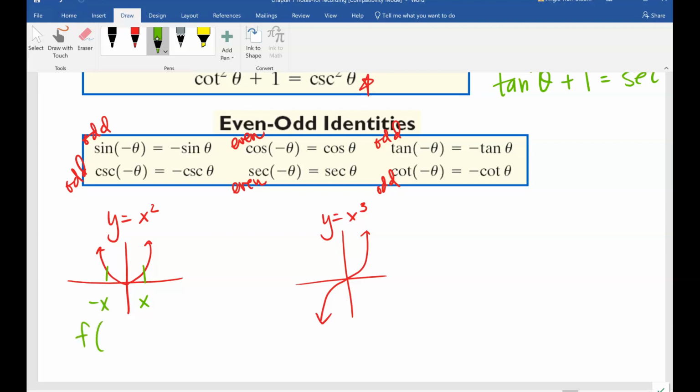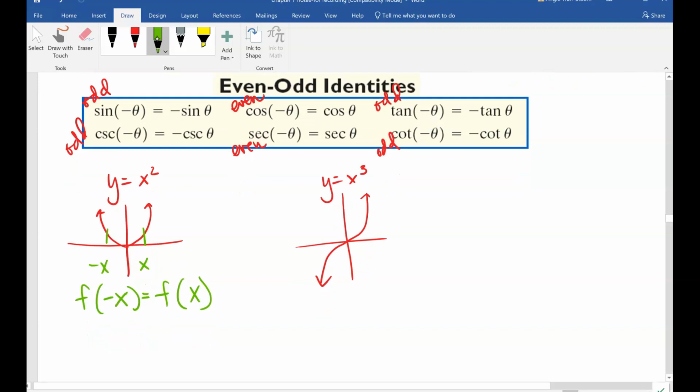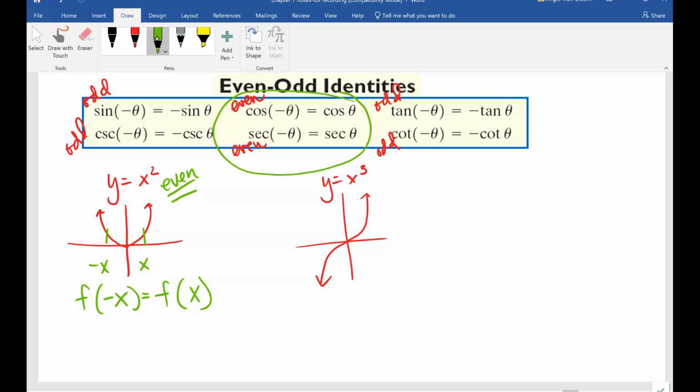So algebraically, we say, okay, f of negative x must be identical to f of positive x. So that's why, for all of the even functions, when you have a negative angle, it's identical to a positive angle.